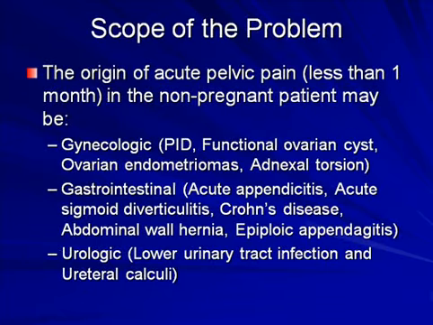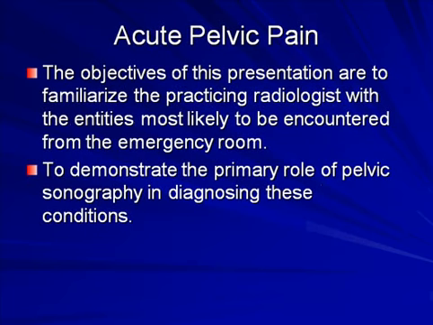The origin of acute pelvic pain, defined as less than 1 month duration, in the non-pregnant patient may be gynecologic, such as PID, functional ovarian cysts, and others; gastrointestinal, most commonly acute appendicitis, abdominal wall hernia, Crohn's disease; or finally urologic, such as lower urinary tract infection and calculi.